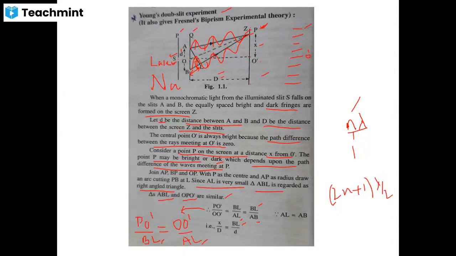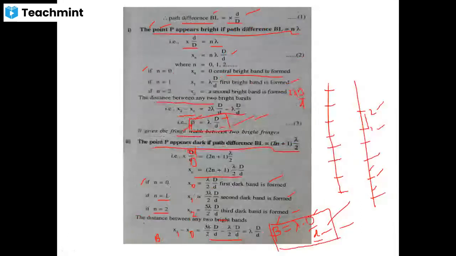As you can see here, as you increase this small d, what will happen? In this example, as you increase this small d, this beta fringe width is going to be very small, meaning we will not get a proper fringe pattern here. Therefore, we say this has to be very small. If this is small, then this beta is going to be large, so we get a clear fringe pattern on the screen, right?